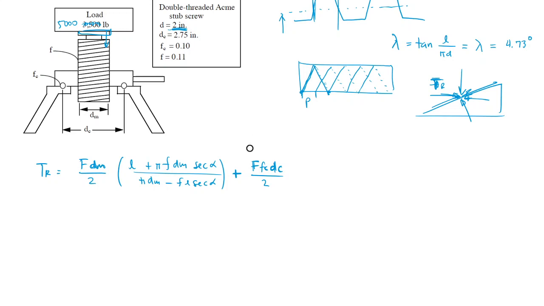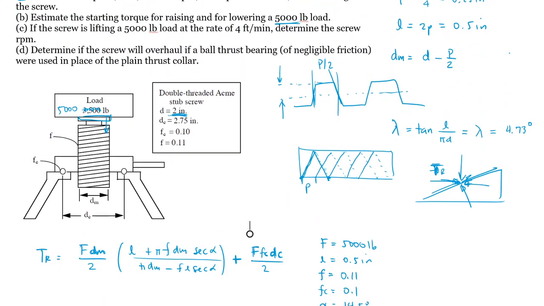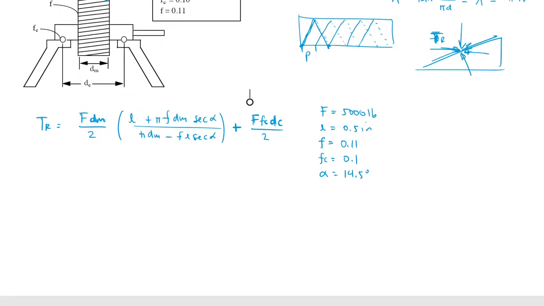So I do that. I'm just gonna write down what I'd have. My load, my lead, friction at the thread, friction of the collar. Alpha would be 14.5 degrees because we know that this angle is 29. Okay. And dm would be what I found before, so d minus p over 2. I put all of those in that equation and I get my TR.